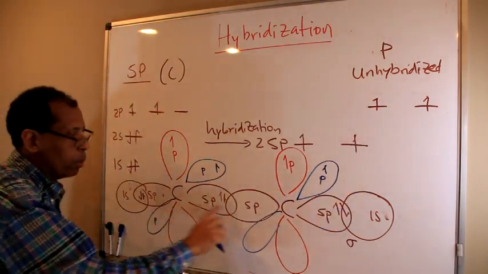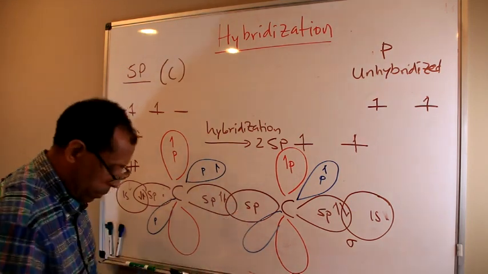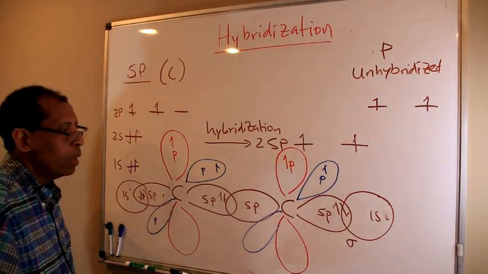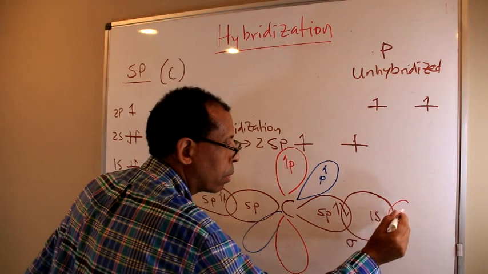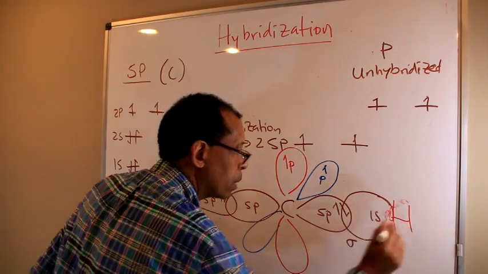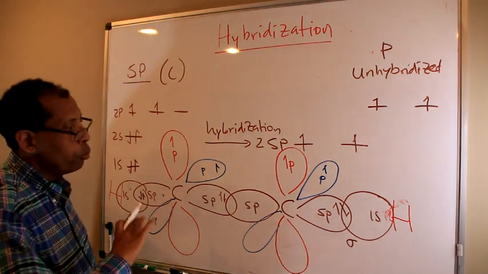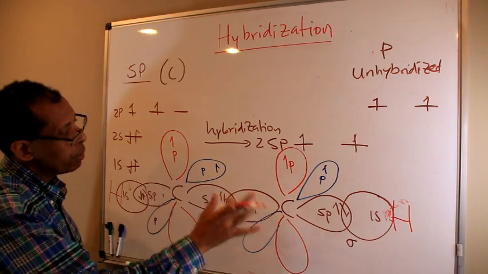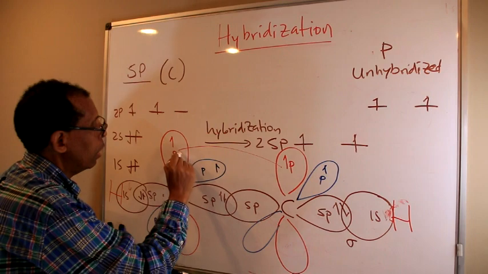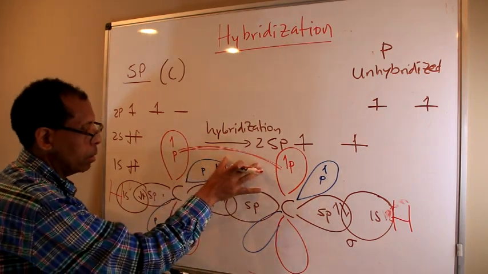Now remember, all hybrid orbitals make a sigma bond. So this is a sigma bond. Here we have hydrogen, which has already made a bond. Now when you make a bond, the unhybridized p orbitals always make a pi bond. So this and that would pair up their electrons, they make a pi bond.